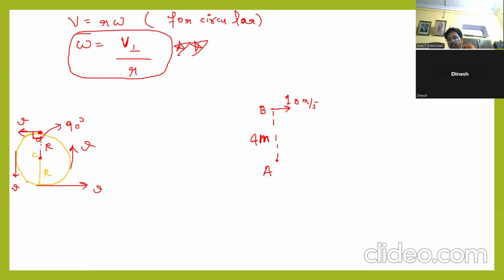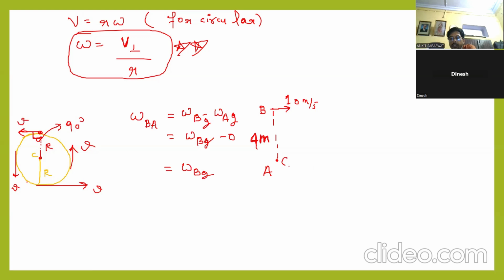If I ask what is the angular velocity of B with respect to A, then you will write omega B minus omega A. Since A is fixed, it is 0. Clear?